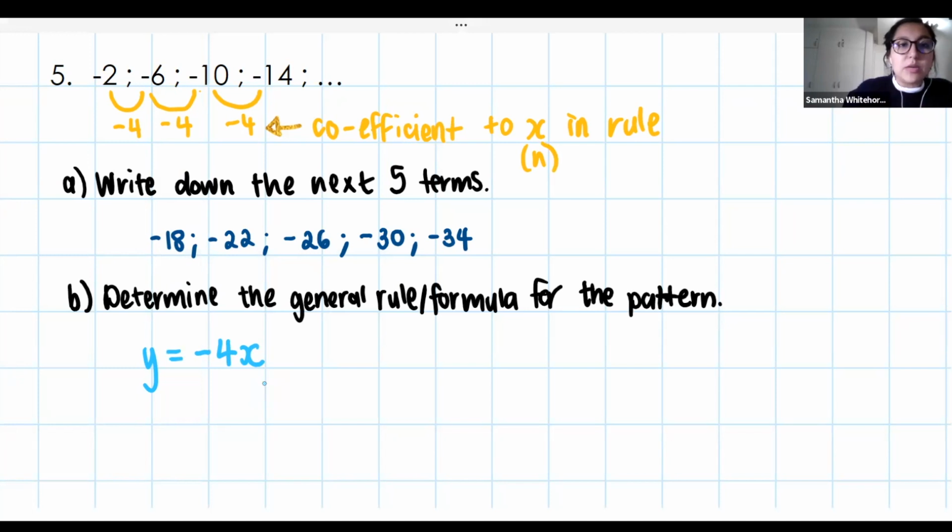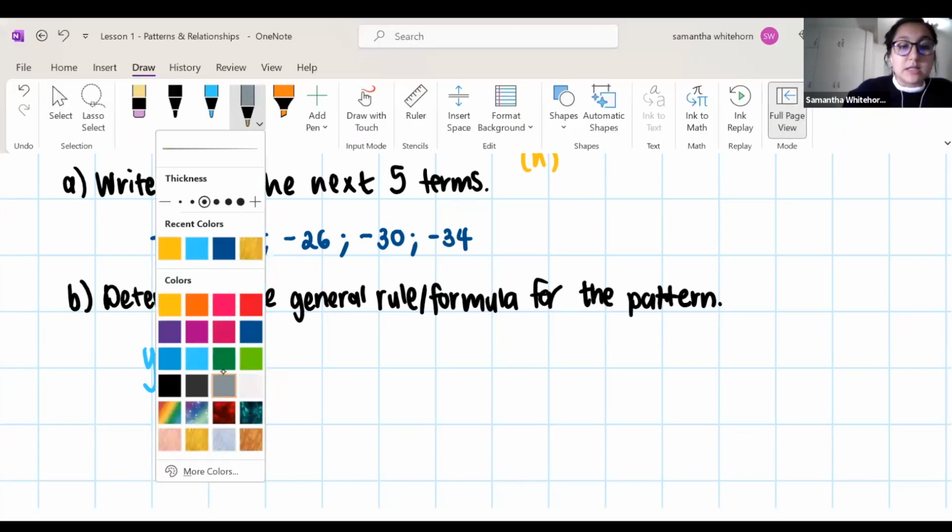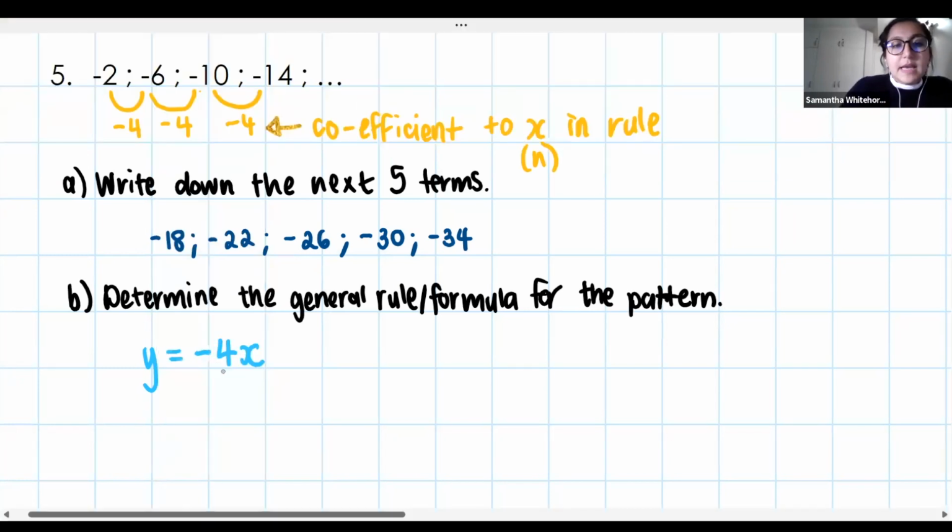So this is now where we do those checks we spoke about in this course. Remember your inputs are 1, 2, 3, 4. Those are your term numbers. These are your outputs. If we take x equals 1, we know we want an output of -2. So let's see what we get if we use what we have so far. Y is equal to -4 times 1. -4 times 1 is -4.